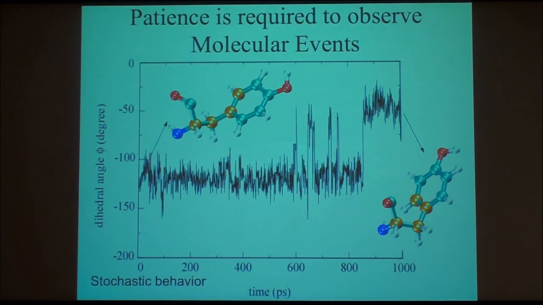Sometimes it happens fast during one simulation. Sometimes you have to wait for it to happen. It's a random process. It's a stochastic process. And that's why it's very important, like many other aspects in MD, that we always look at the average behavior, average time scale associated with such phenomena.